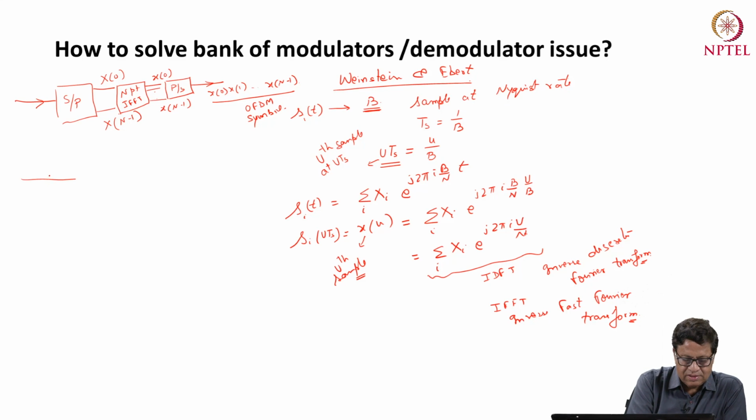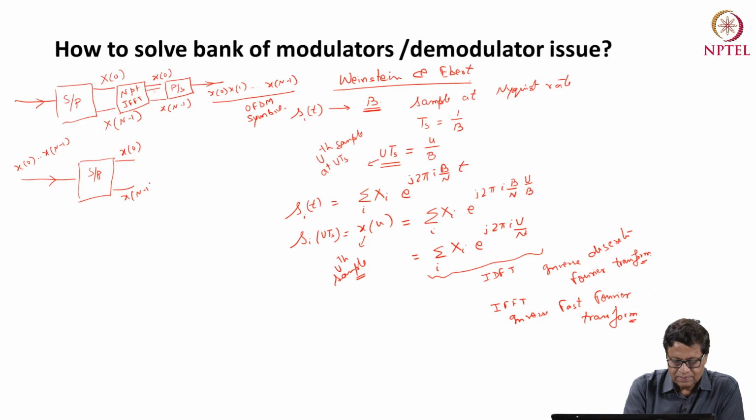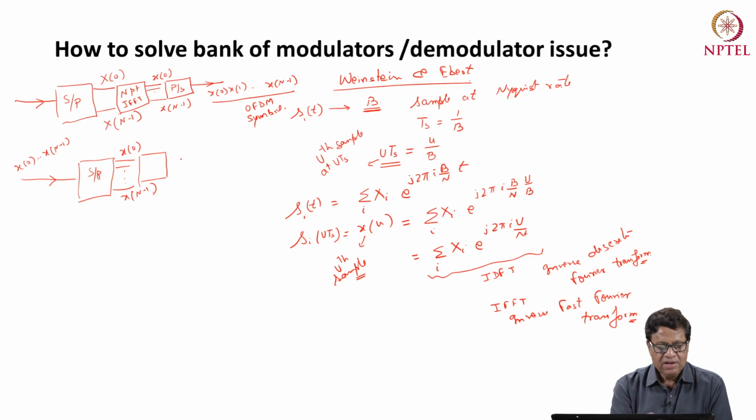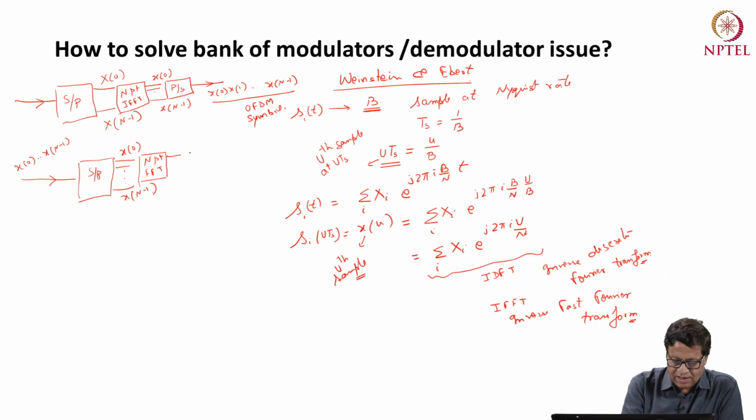Now these samples, x0 to xn-1, they go to serial to parallel. So these are the samples, and then you do the reverse operation. In the transmitter you had done N-point IFFT, now you will do N-point FFT, and then you are able to recover the coefficients of the IFFT.